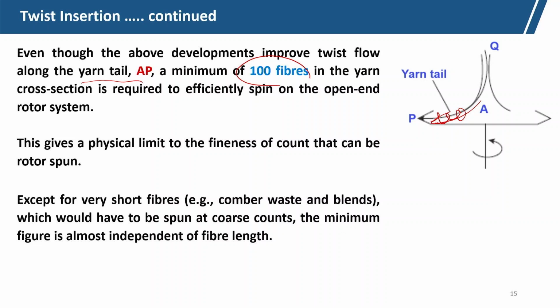If we use longer fibers, we can reduce it a little bit without breakage, but longer fibers cannot be used in rotor spinning because they produce a higher number of bridging fibers, which creates problems during spinning.